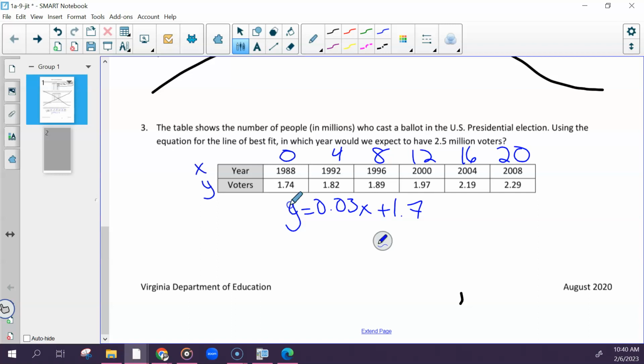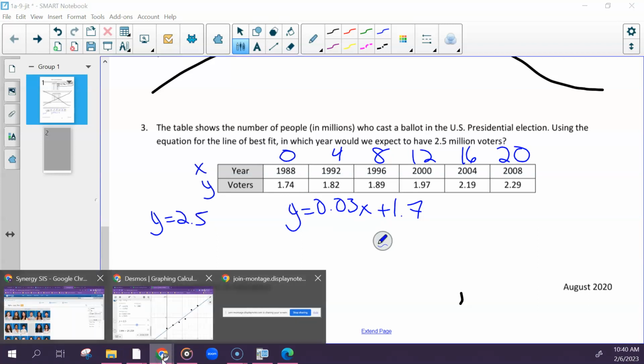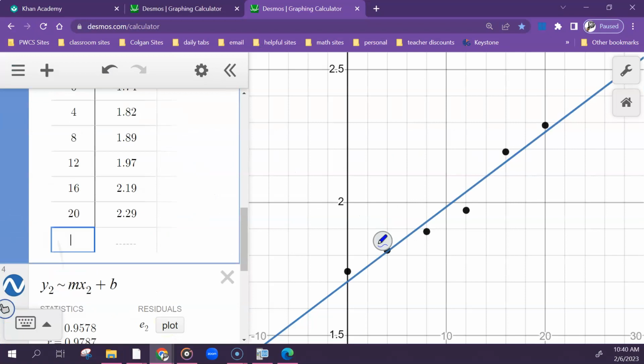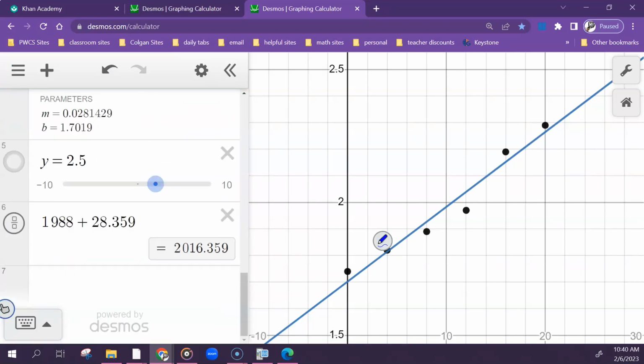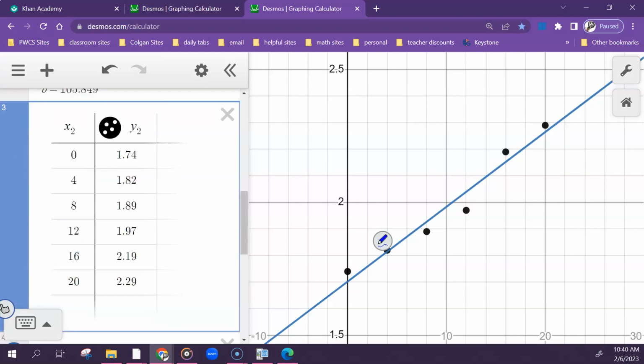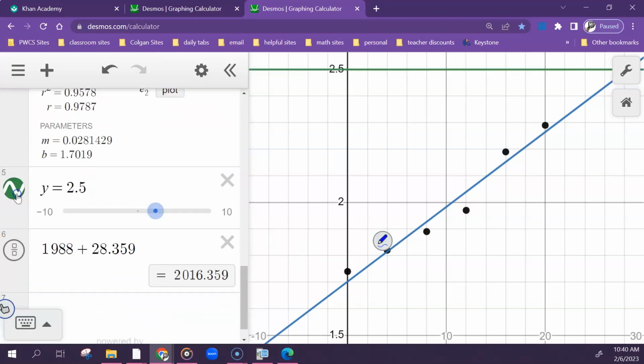So you could either use all the decimals and make a table, or it's looking for which year we would expect to have 2.5 million voters. So we're looking for X and we have our Y. We can say our Y is 2.5. Put that into Desmos. There we go.